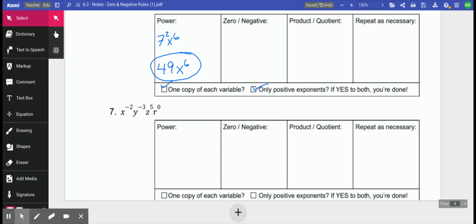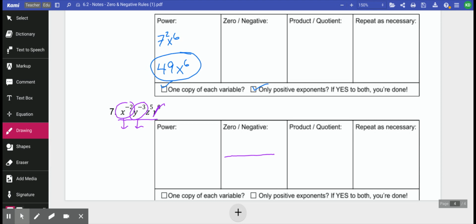So I don't even really need to do much more, right? That was actually my 0 rule. So I can just leave that as is. So the only thing I need to do is simplify. So we're just going to simplify 7 squared is 49. We should know that one. X to the 6th. We're done. See, they're not always super difficult.